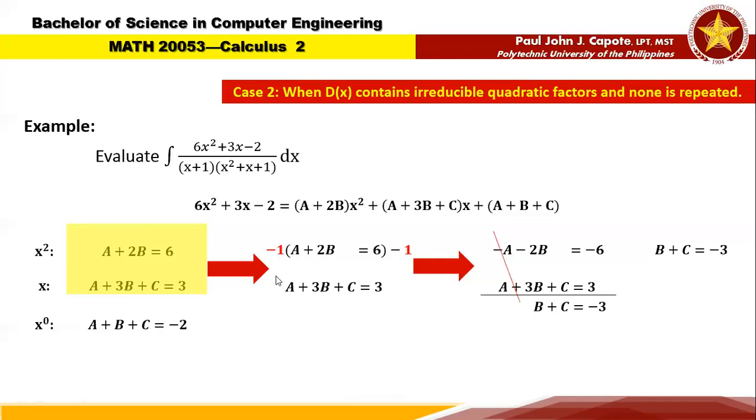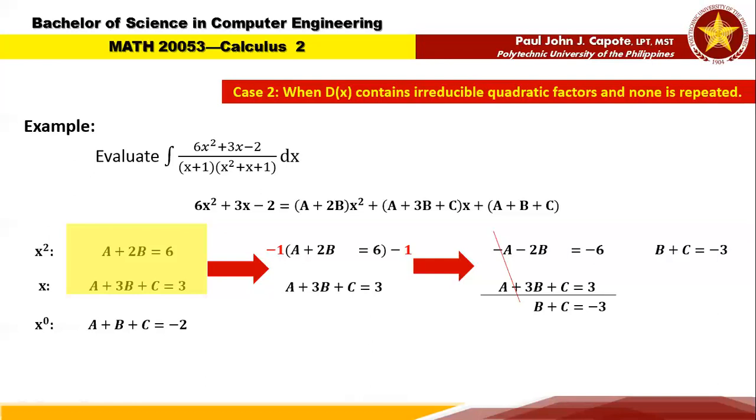By the way, you can multiply negative 1 to the terms of the second equation, and then do the same process as I have shown. If you correctly apply the process, I am 100% confident that your answer and my answer is the same.